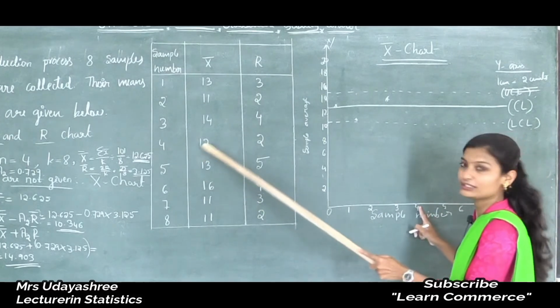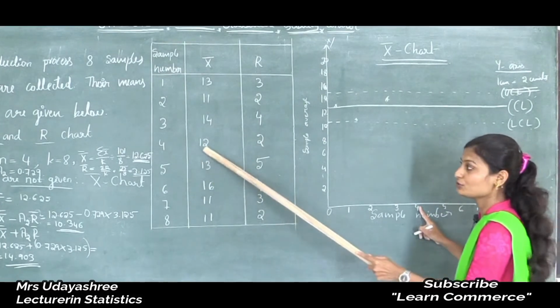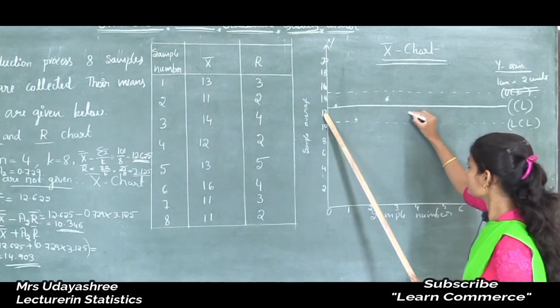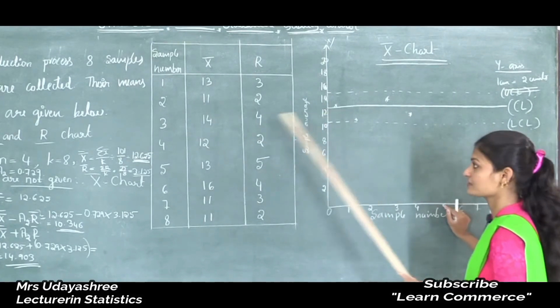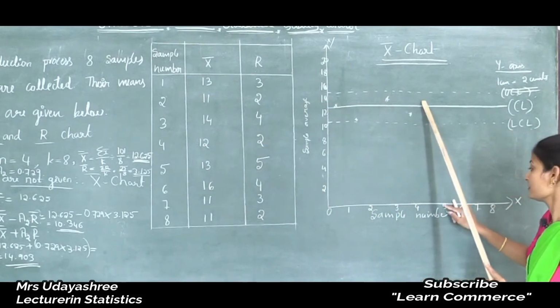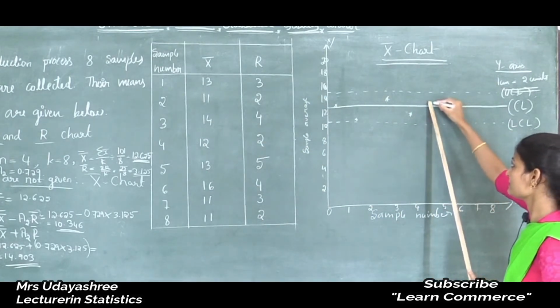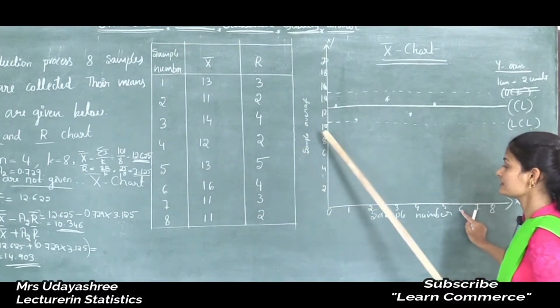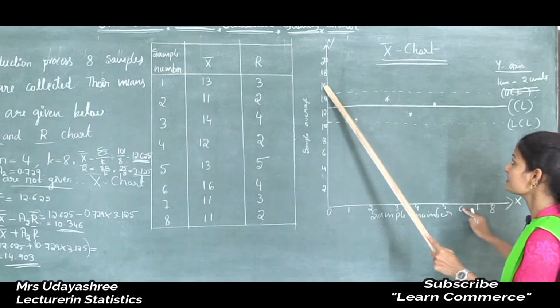Next 4 and 12. See, 4 is here, 12 is here. Here I will put one mark. Next 5 and 13. So 13 is here, 5 is here. That corresponding place is here. Next 6 and 16. 6 is here, 16 is here.